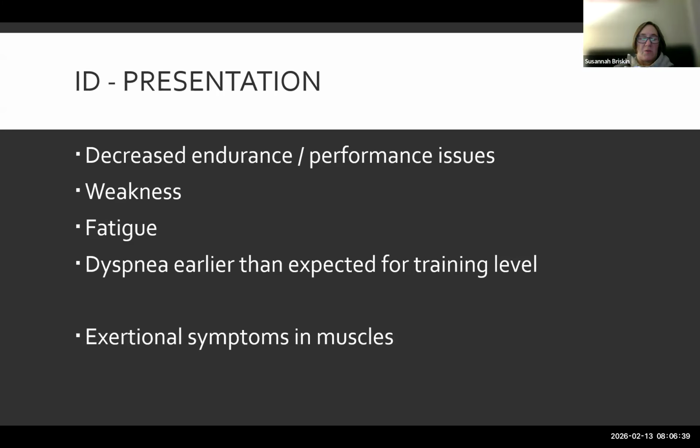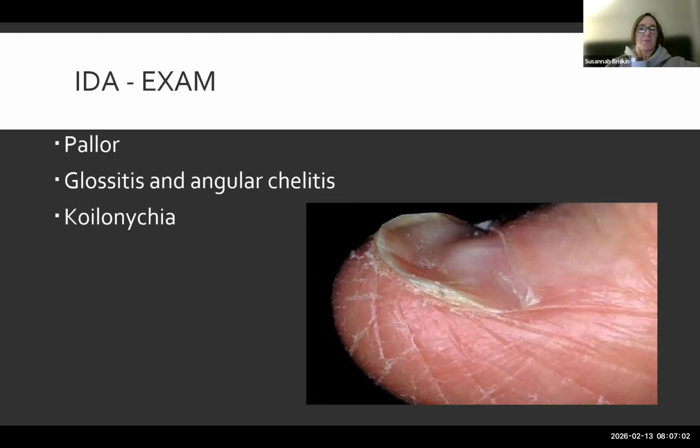I'm almost always just drawing blood work and checking what their ferritin level's at. I usually try and keep ferritin above 30, but I don't even like sending people for compartment pressure testing until their ferritin's over 20. I really try and get them to correct their iron and see if it fixes their problems. It's pretty amazing how many times you can get it up and then people's symptoms go away.